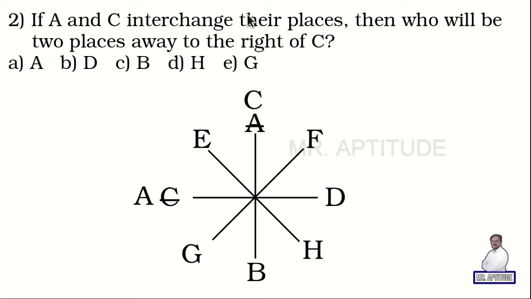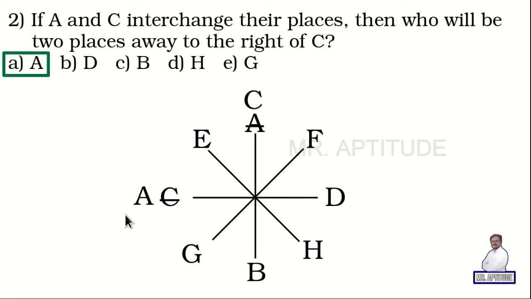So this is the new position of C. And you are given that all the given members are facing towards the center of the table. Assume that it's you and assume that you are facing towards the center of the table. What will be your right now? This is your right. So 2 places away from C, your answer will be A.